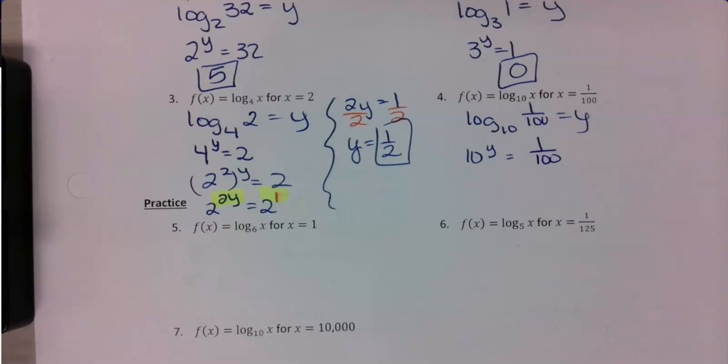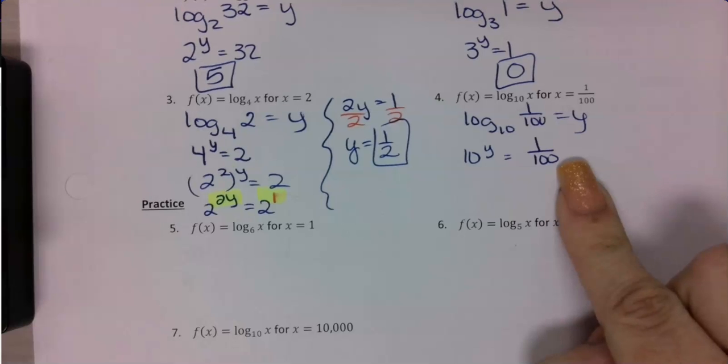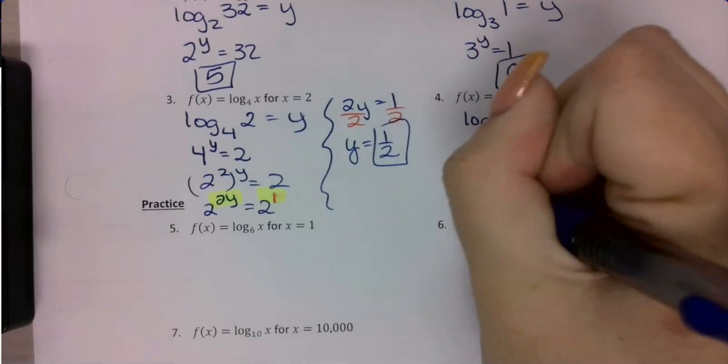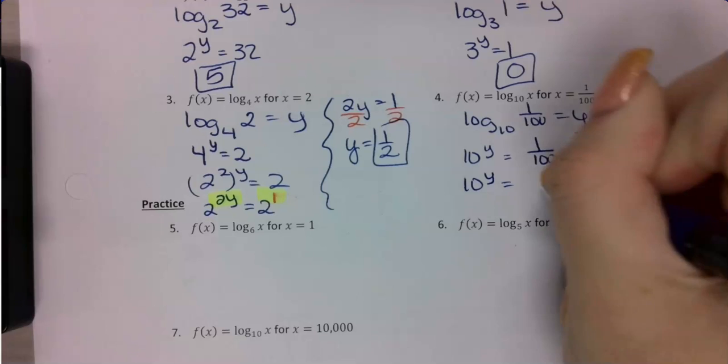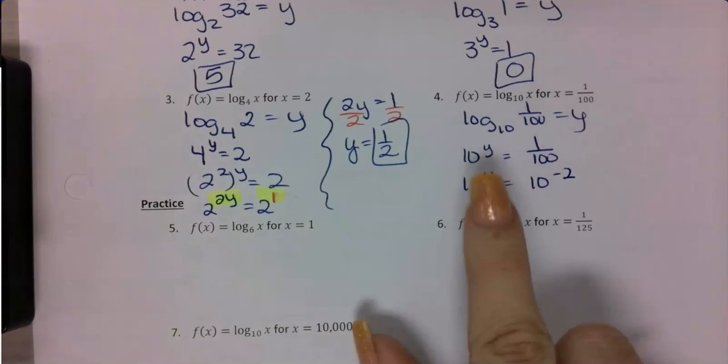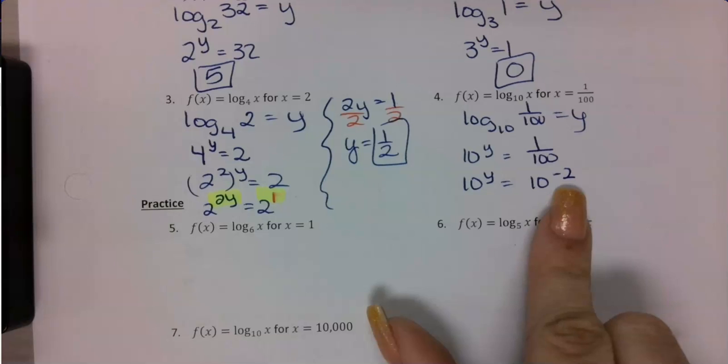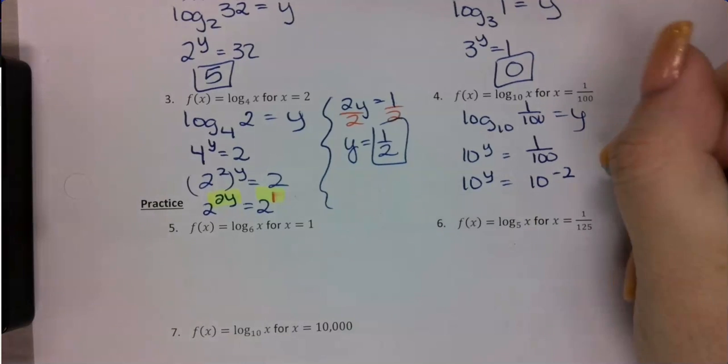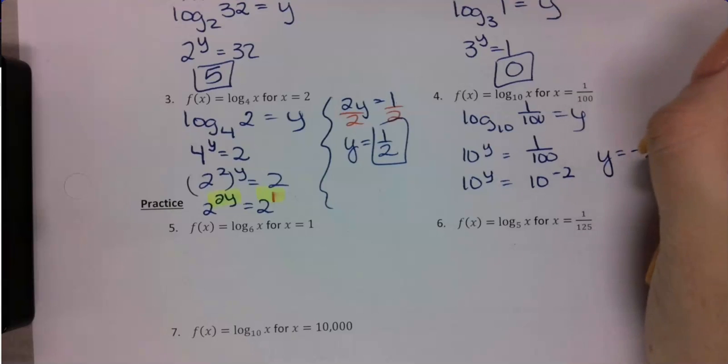No. So I can rewrite this right side as a power of 10. Because it is a fraction, that means it's negative. And then 10 to what power is 100? 2. So because I have the same base, I can take my exponents and set them equal, and my answer is negative 2.